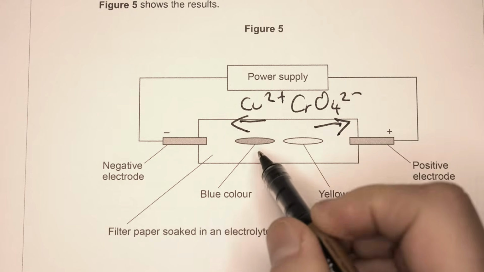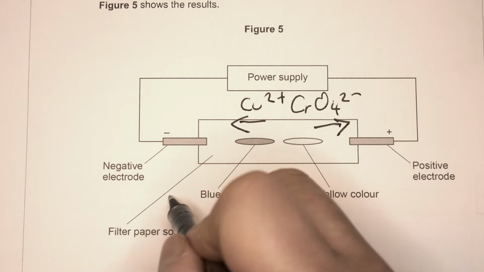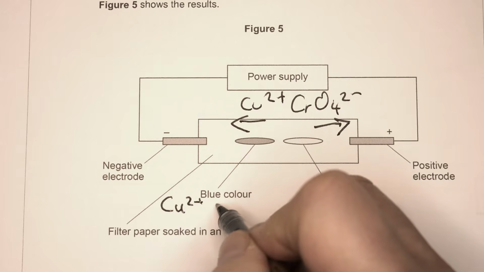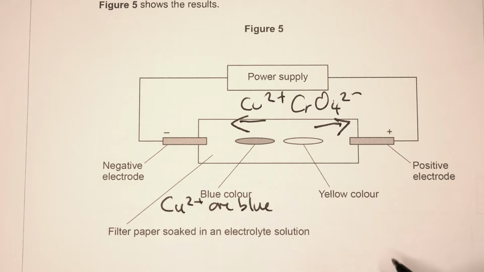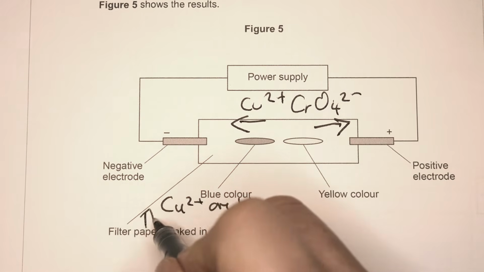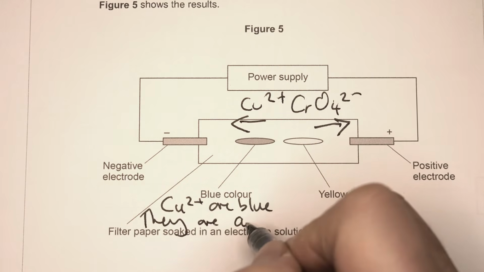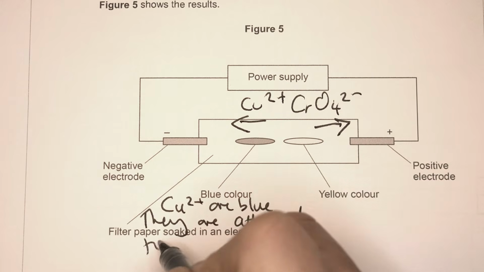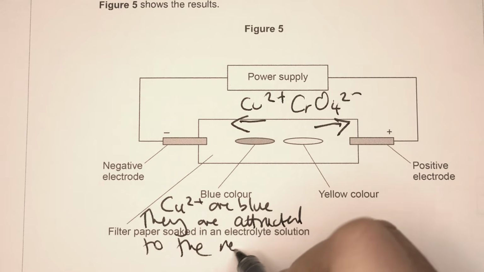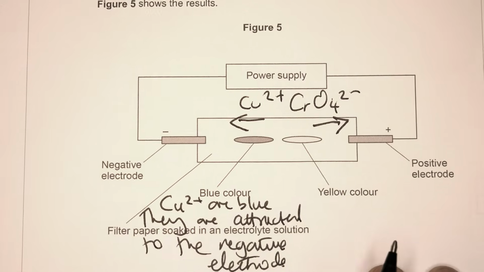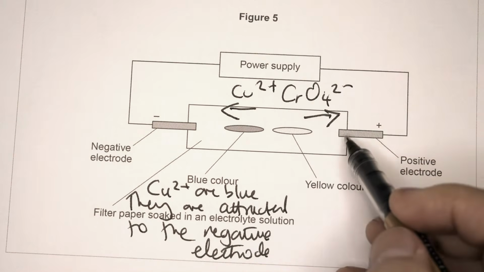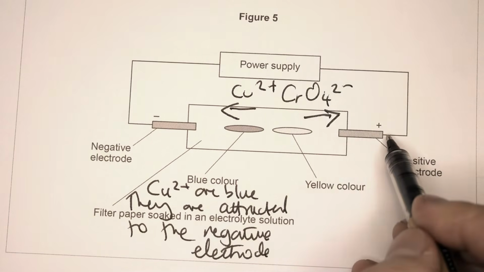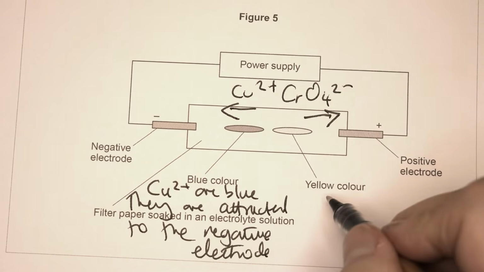Okay, so the reason we get that blue colour is because copper ions are blue and they're being attracted to the negative electrode. And then at this side, these chromate ions are negative, so they're being attracted to the positive side, and they're yellow, those chromate ions.